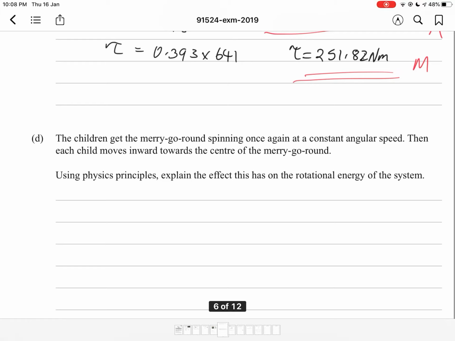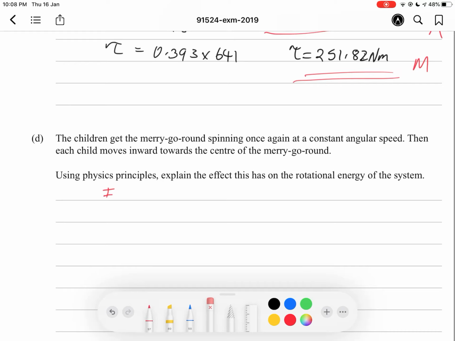When the children move inwards towards the center, the rotational inertia is going to decrease, because inertia equals mr squared. As the children get closer to the center, the radius goes down, while the mass of the children and the disk stays the same, so the rotational inertia goes down.